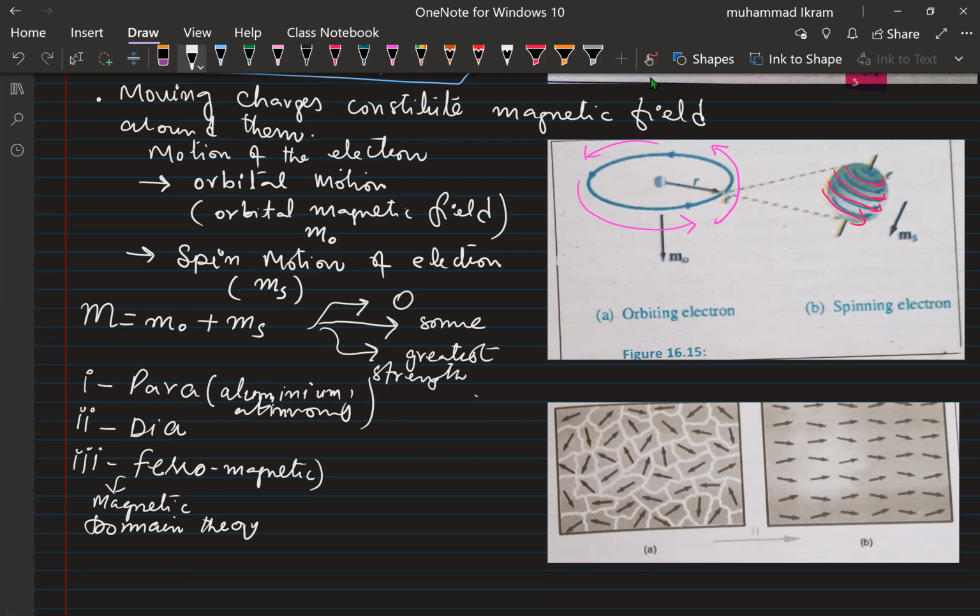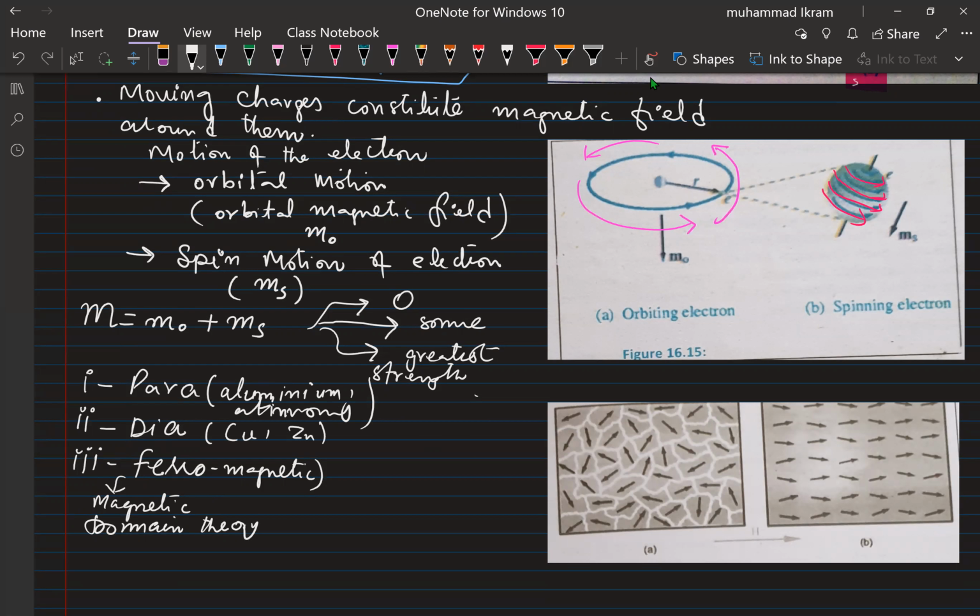The diamagnetic substances are those substances which don't behave as a magnet even in the presence of a stronger magnetic field. Copper and zinc are the best examples.